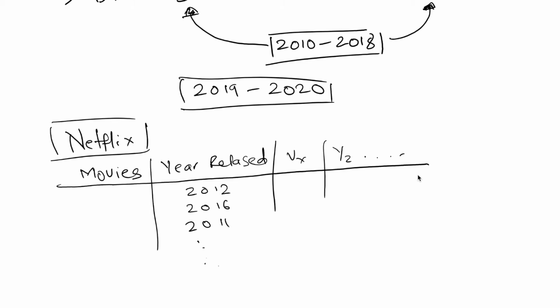But when you want to model this kind of data, you would want the most relevant and the most up-to-date data. If you want your model to be as robust as possible, it's advisable to work with the most recent data. Now, how can you acquire data for, let's say, 2019 and 2020?